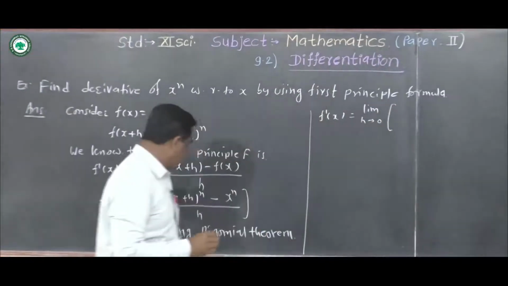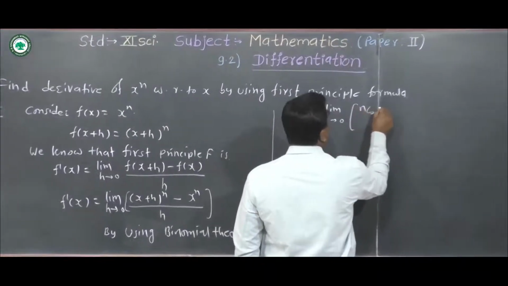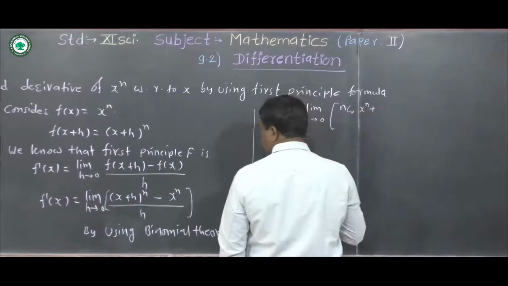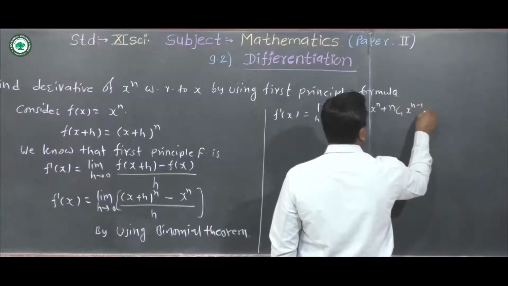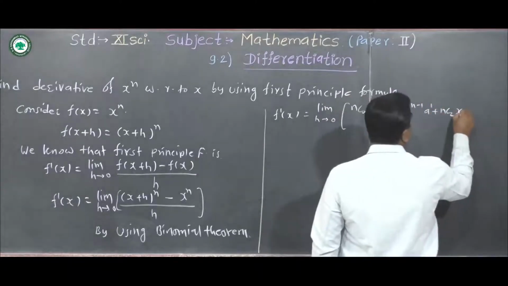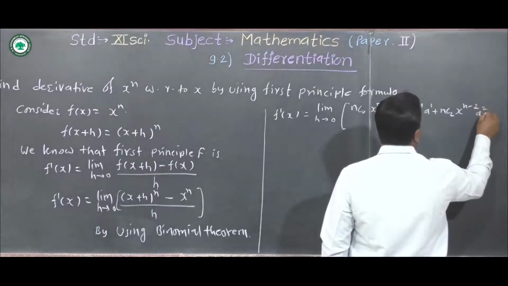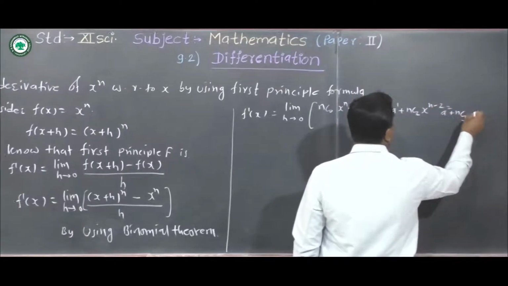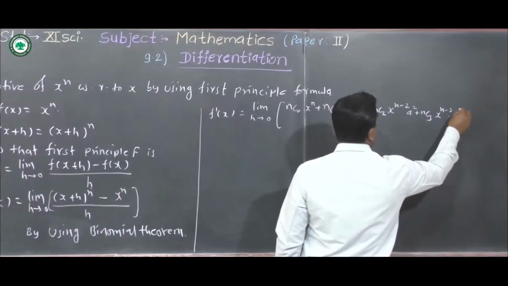Now the binomial theorem is, we can write here the expansion: nC0 x raised to n plus nC1 x raised to n minus 1 into a raised to 1 plus nC2 into x raised to n minus 2 into a raised to 2 plus nC3 into x raised to n minus 3 into a raised to 3.